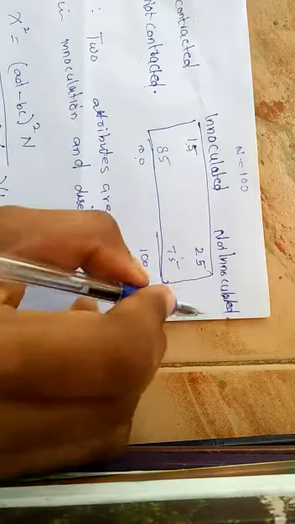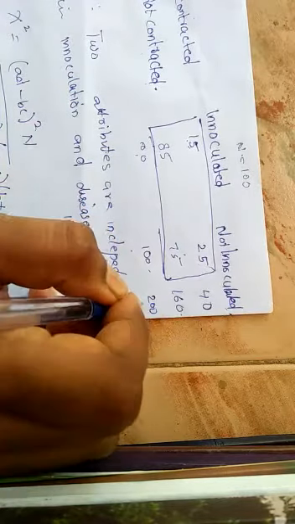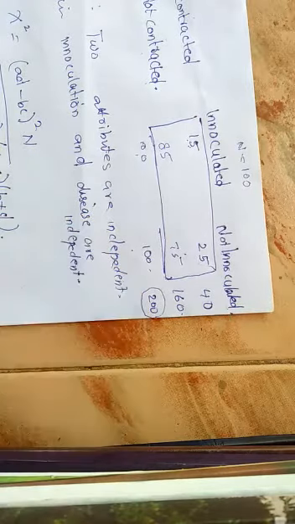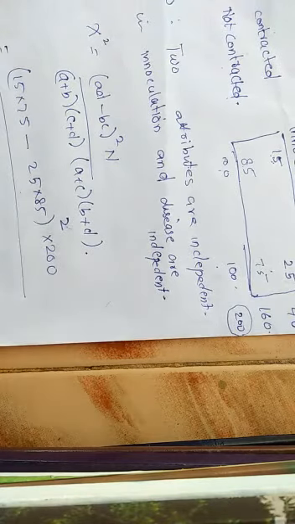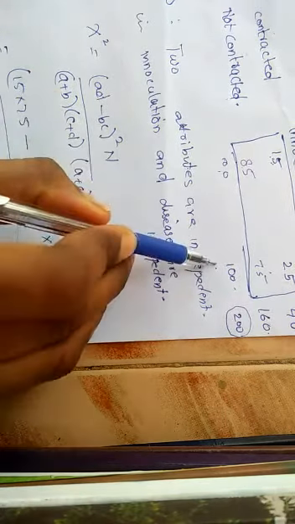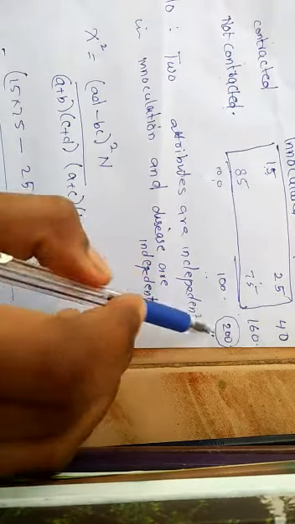Here 40 and here 160. So 200. So capital N is 200 divided by, 100 plus 100 or 40 plus 160, 200.